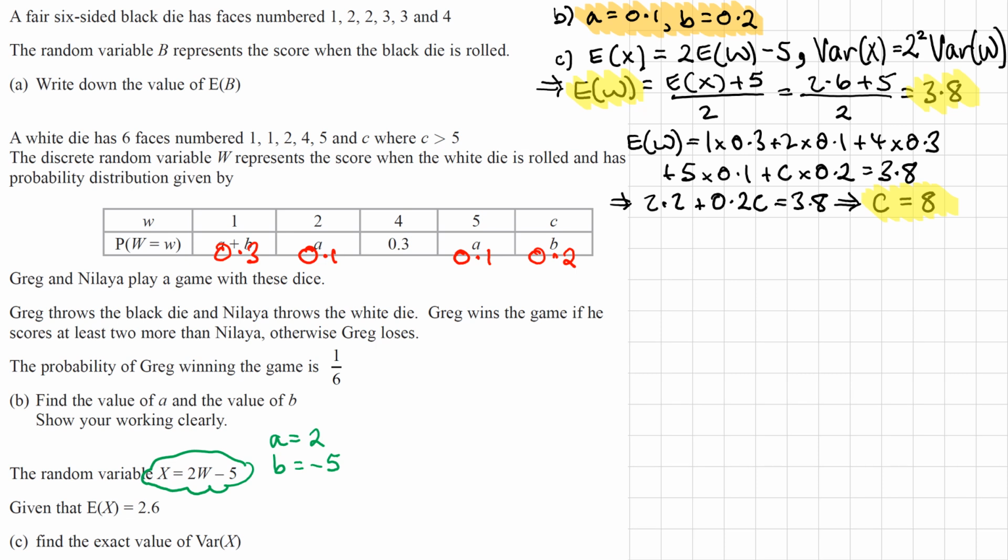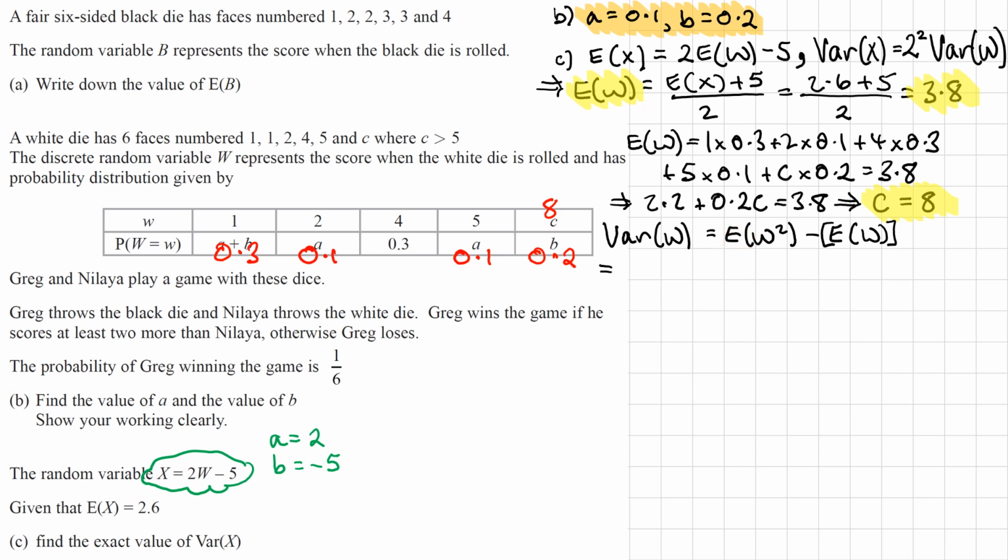And our next step is now going to be to calculate the variance of W, because once we've got that, we can find the variance of X. Okay, so Var W, remember, is going to be E of W squared minus the mean squared, E of W all squared. We have E of W already, which is the 3.8. It's just about working out E of W squared.